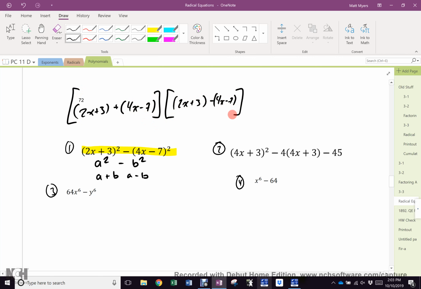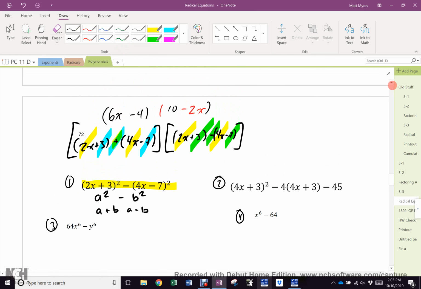Then your grade 9 math brain takes over because you see 2x plus 4x to get 6x. Then you see 3 plus negative 7 to get negative 4. Then you see 2x minus 4x to get negative 2x. And you see 3 minus 7 to get 10.